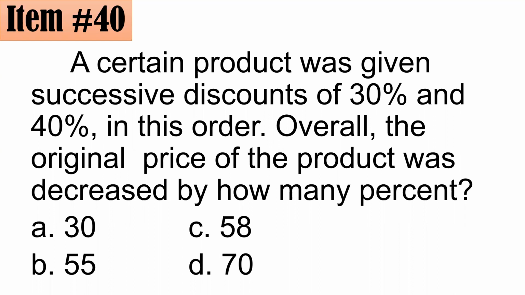So yung 70, babawasan mo pa ng 28 pesos. So siya ay magiging 42 pesos na lang. So from 100 pesos, yung final price niya ay magiging 42 pesos. Which means it has a 58% discount. Letter C. Pero meron din po tayong isa pang paraan.